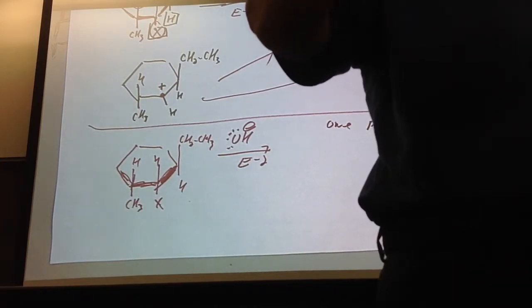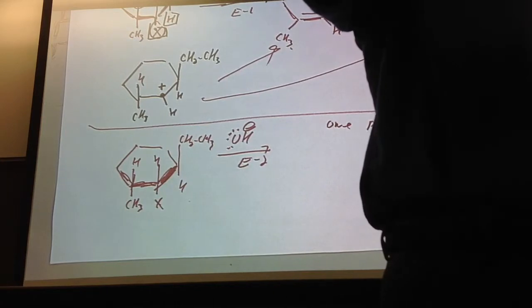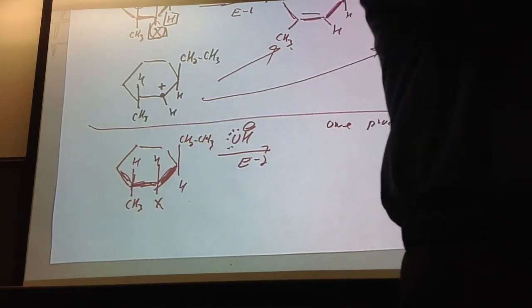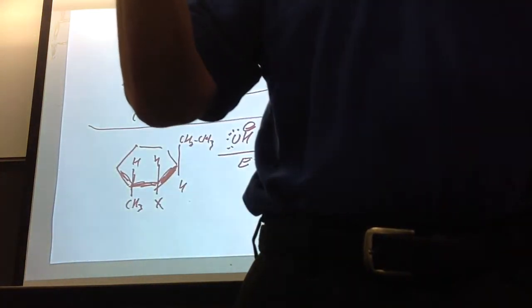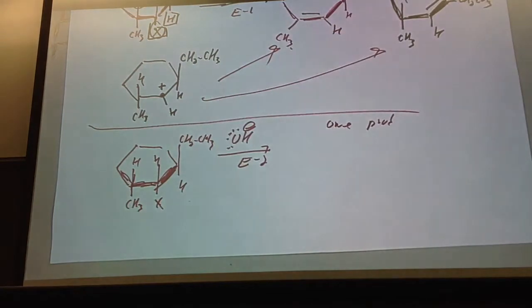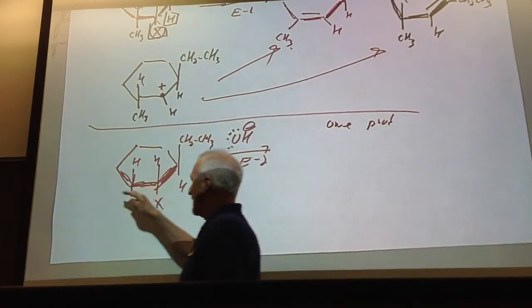So sometimes it's here, it's not going to react. But then other times it's like this, and this will leave, this will leave. See? So it has to be like this, one up, one down for elimination to take place, if it's by the E2 mechanism. Okay, so in a ring, you don't have the ability to rotate. So in a ring, these guys are locked in.